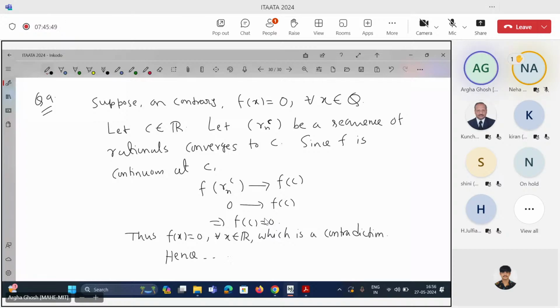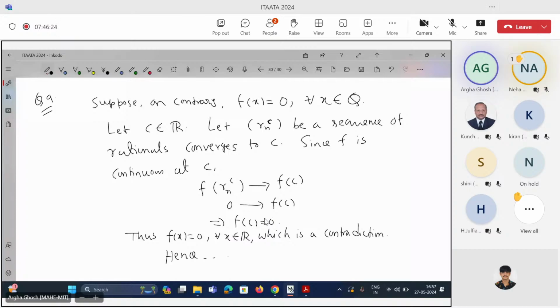Your task is to make another question similar to this type. In this question, we learned that if we have a function which is 0 for all rational numbers and continuous at a particular point, then... Here we did not use the fact that f is continuous at the rational points.